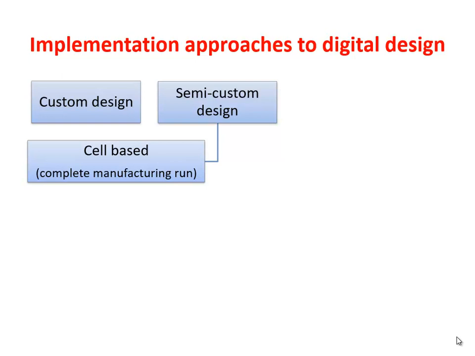And there are two large categories of types of semi-custom design, and one is the so-called cell-based semi-custom design. The important part of cell-based semi-custom design is that the wafer is completely manufactured.